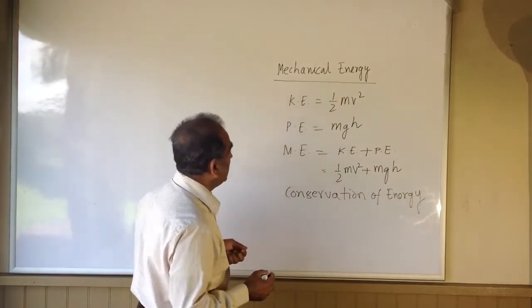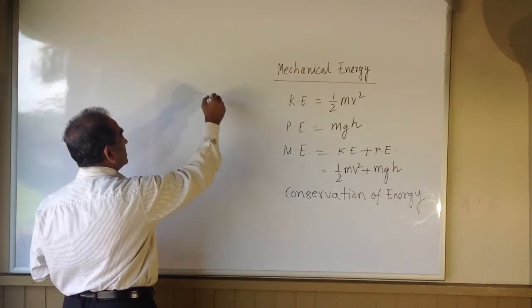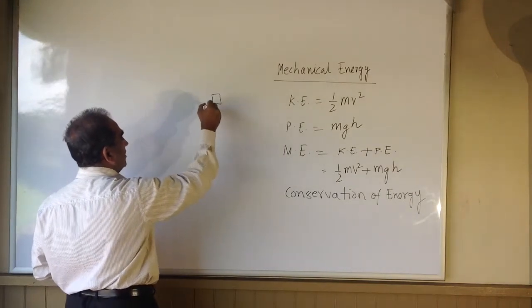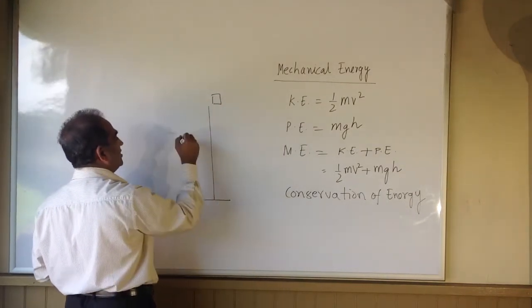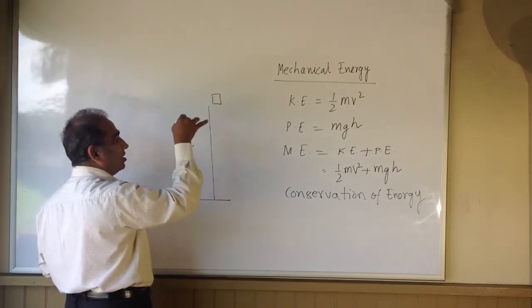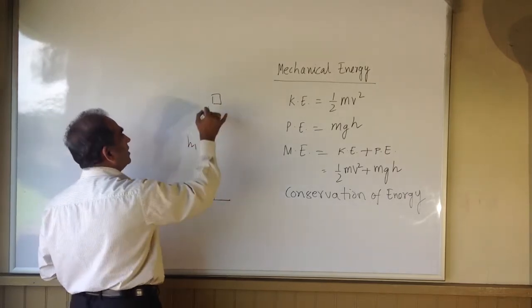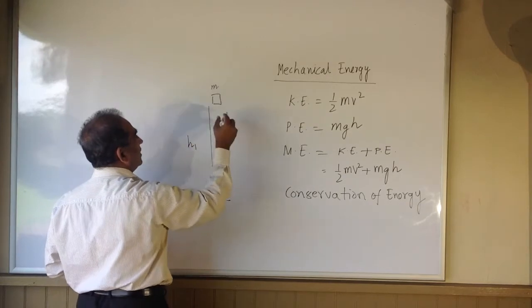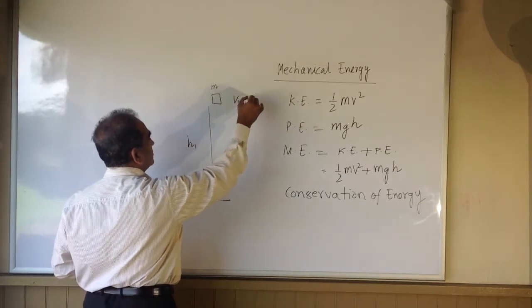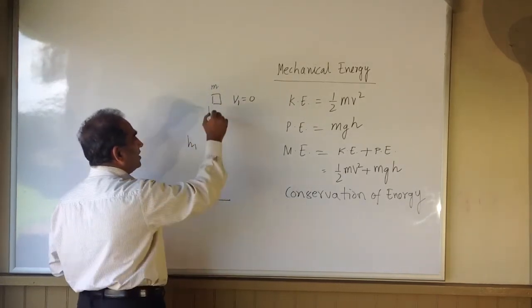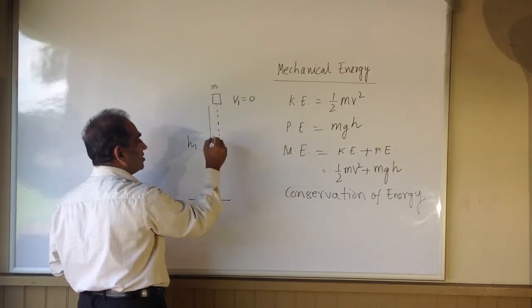What it says is, let's say the particle is left from a height, let's say h1, onto the ground, and the mass is m, and the initial velocity v1 equals 0 here, and it's dropping down because of gravity.